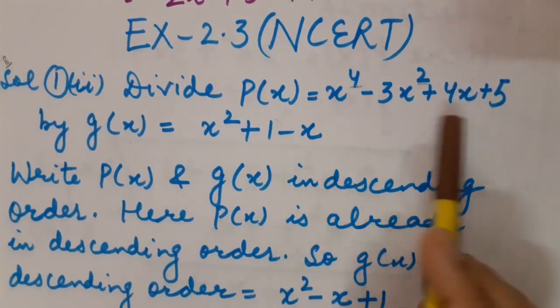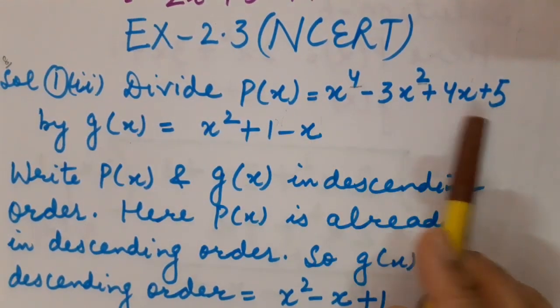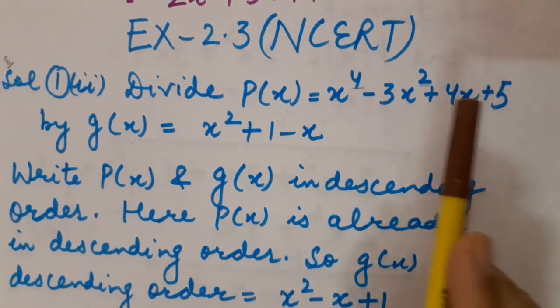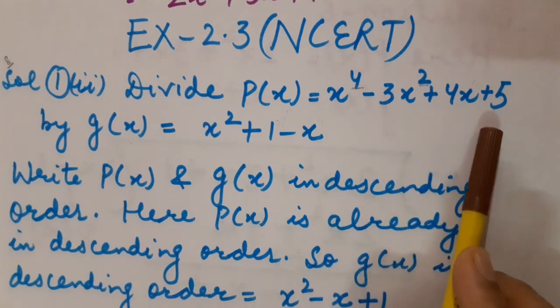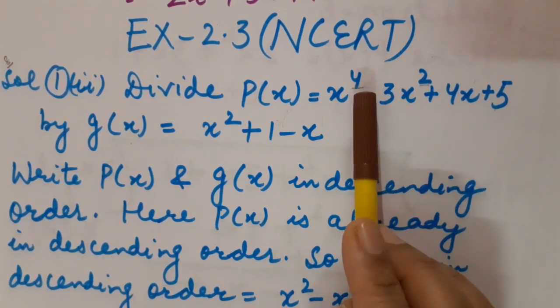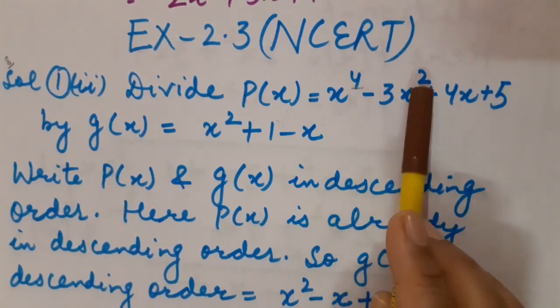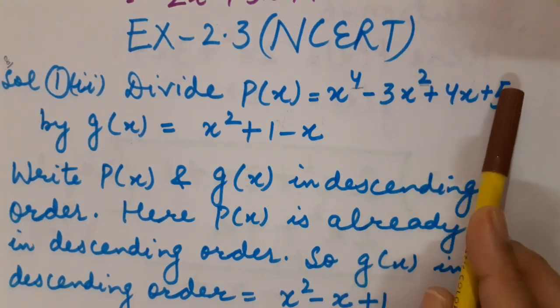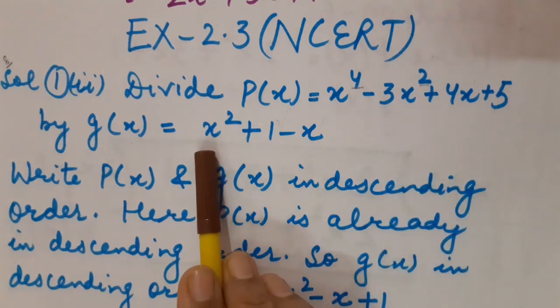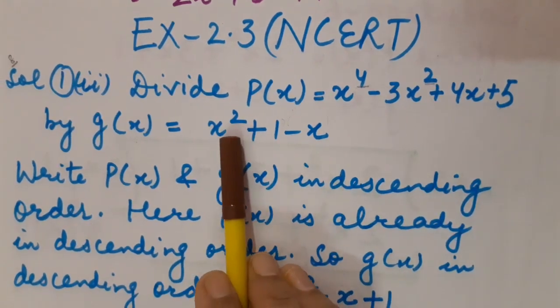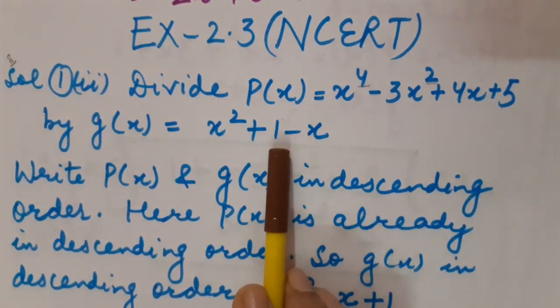Children, here you can see. How will we come to know whether it is written from greatest to smallest? Here you have to judge the powers of the variable present in this polynomial. See, this is highest power 4, then 2, then 1, and here x raised to the power 0. So it is in descending order. Let us discuss gx. Highest power is 2, then after it is written 1 only.